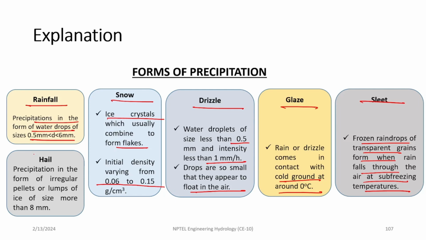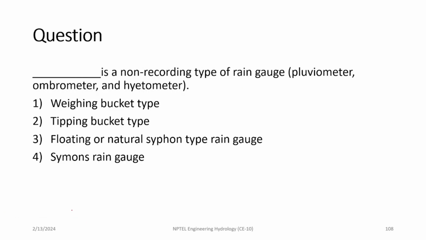One more form of precipitation is left, that is hail. Hail is irregular pellets or lumps of ice which may have a size greater than 8 mm. We usually observe this in winter season, though we get hail sometimes in summer also.